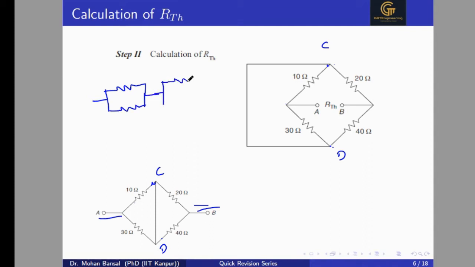These two are in parallel, then it is in series with another two resistances. Now you can understand A and B, C and D both are common, and this is 10 ohm, this is 30 ohm, this is 20 ohm, and this one is the 40 ohm.